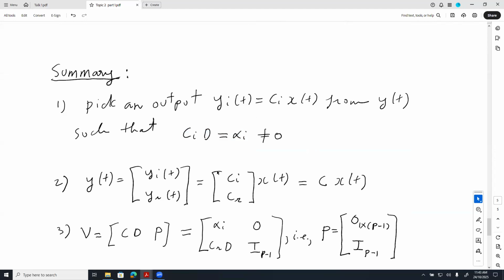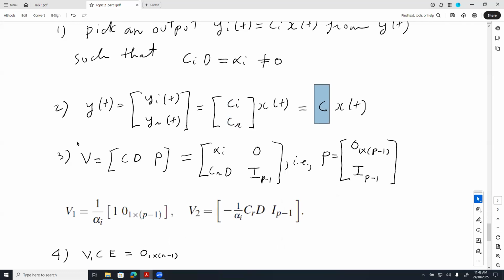And what we do is we rearrange the output measurement vector, and we put yi of t first, and the rest of them we stack in this vector here, yr of t. And so we get the new matrix C, which is Ci and Cr. Just for the sake of simplicity, we simply call it C.